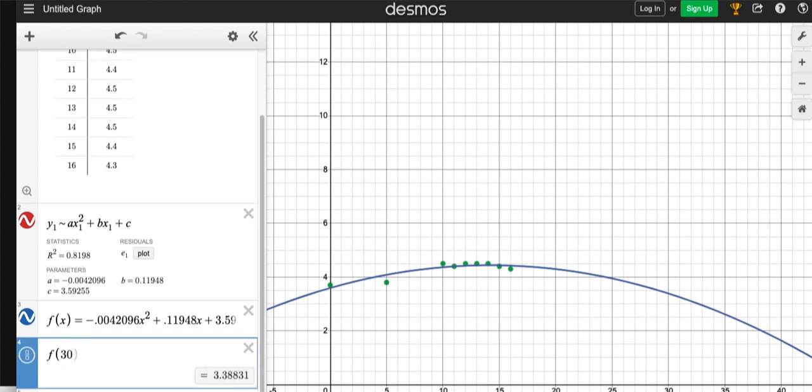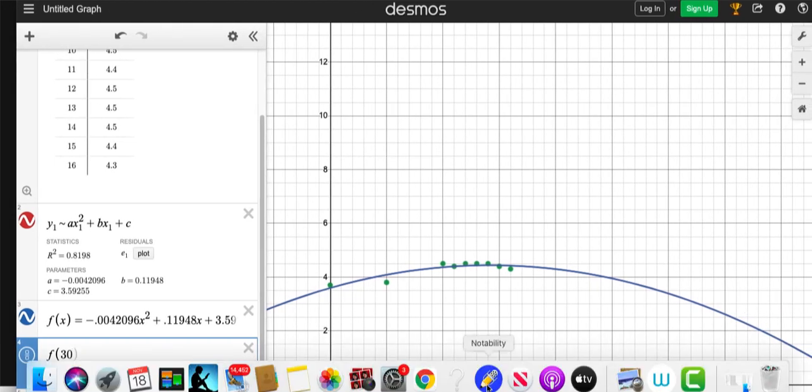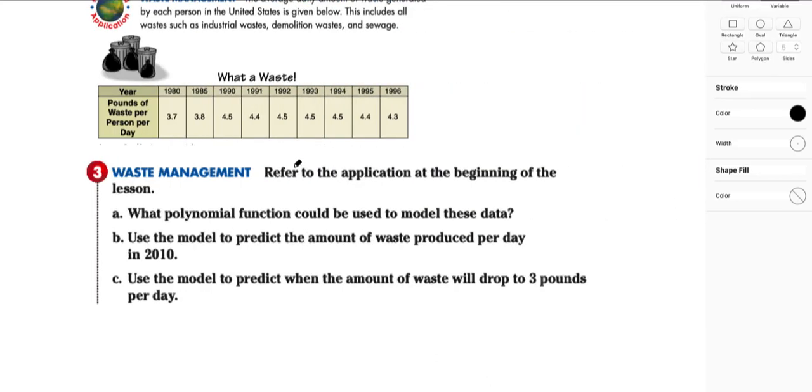So I'm going to let the calculator do that, and it seems that the prediction, according to our equation, is that we'd have 3.38 approximately, or 3.39 pounds of trash in terms of waste per day, per person, according to our model.